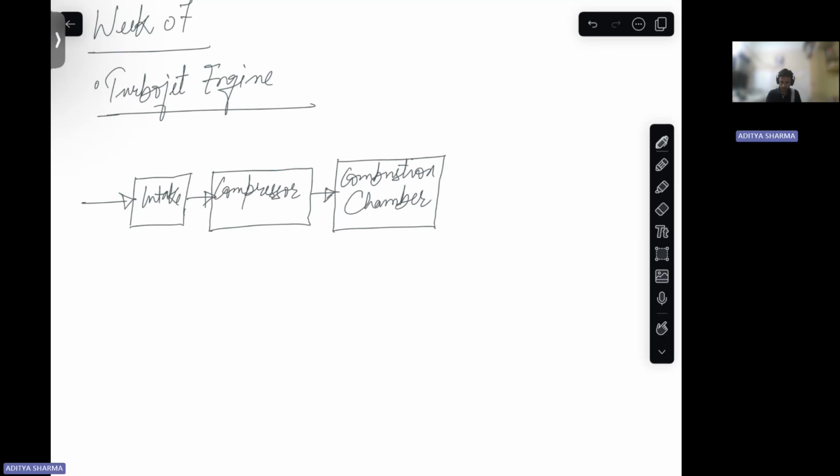Then in the combustion chamber, there will be heat addition. Then there will be expansion of the gases that we have obtained from the combustion of fuel in the combustion chamber.